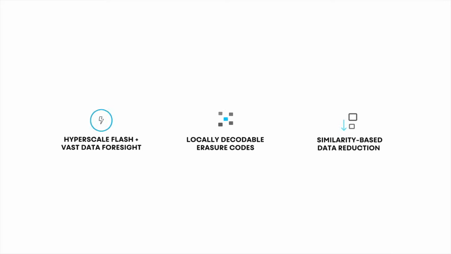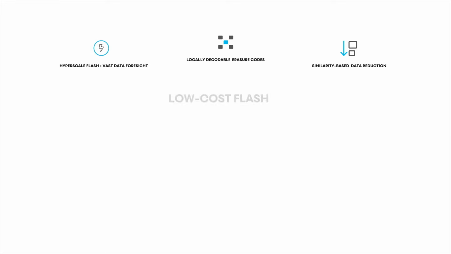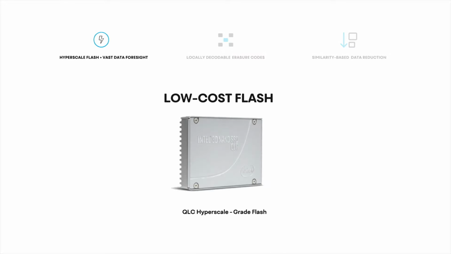And so what we've done is we've pioneered a number of new algorithms on top of this new type of cluster architecture that essentially allow us to build a series of compounding factors that ultimately all multiply against each other to deliver an unprecedented level of storage savings. It starts with our adoption of hyperscale flash.